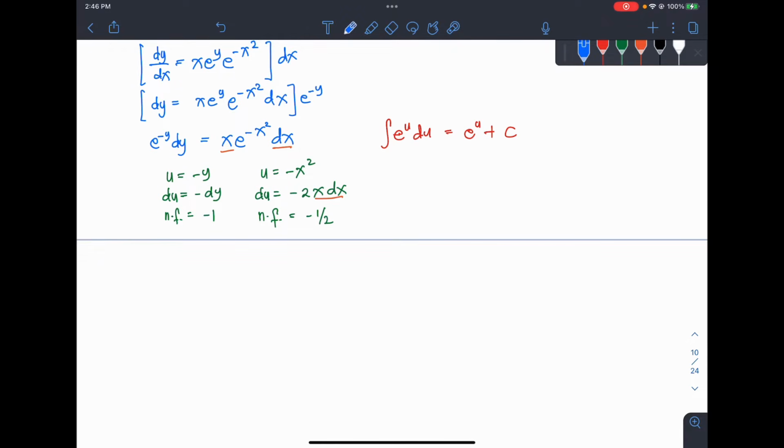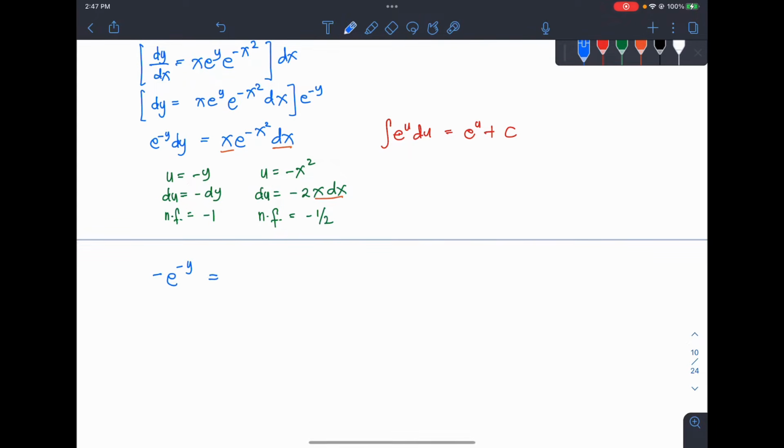And we can now integrate the left hand side as well as the right hand side. Our formula is e^u du equals e^u plus C. So for e raised to negative y dy, we start with the neutralizing factor of negative 1, and then it's just e^u, where u is negative y.